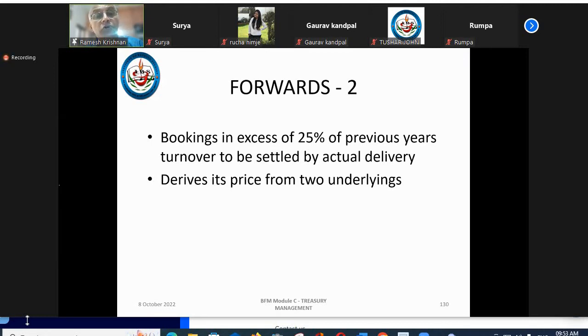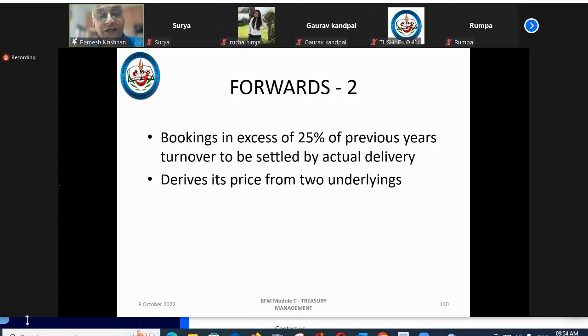Thank you. So the US dollar, United States of America, the interest rates are around 3.75%. Whereas here, the 10-year bond yield is around 7.5%. So this is the difference in interest rate between the two countries, which reflects in the forward price of the currency in a premium or a discount.